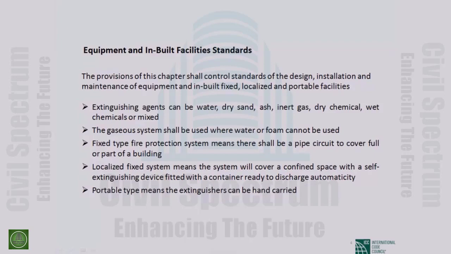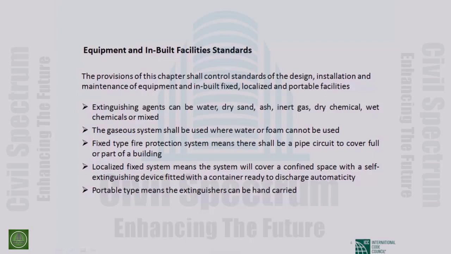Fixed type fire protection system means there are some pipe circuit to cover full or part of the building. There are some localized system like ball or sand grenade in this form, which you can put inside some cabinet or in some area. So when the temperature rises, it will burst and ignite and it extinguishes the system.